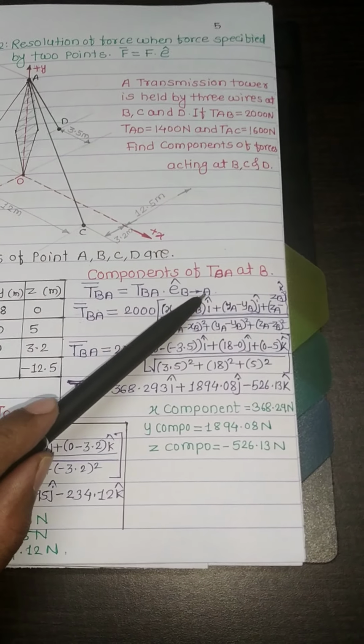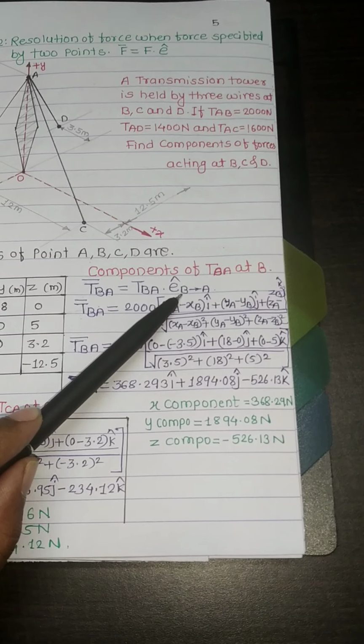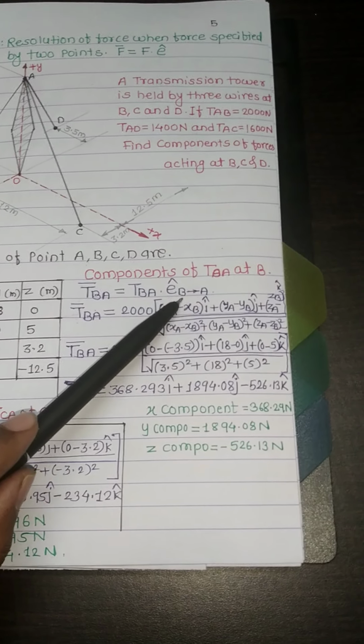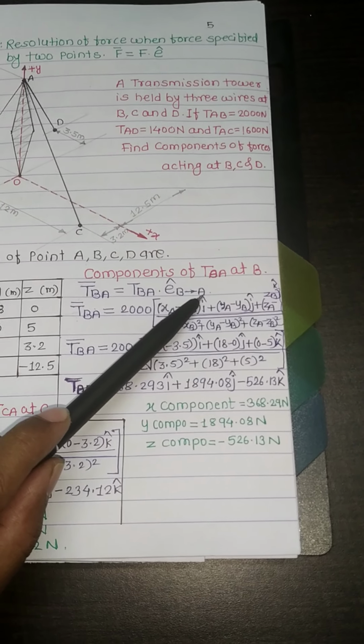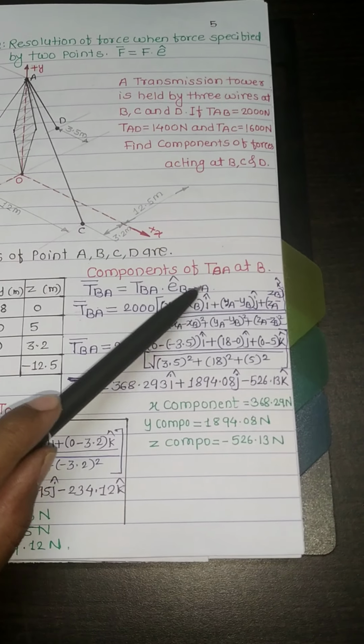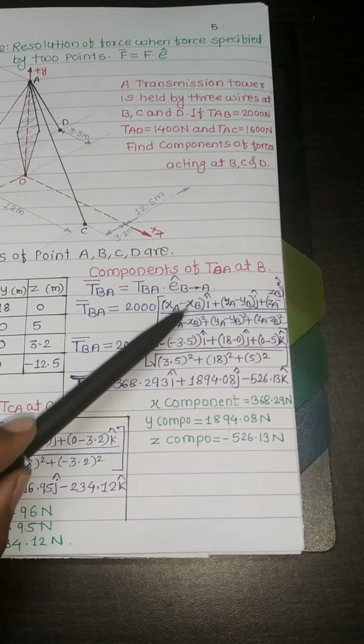it is from A minus B. It means the coordinates of A minus the coordinates of B, because origin is B, end point is A. So end point minus origin point coordinates.